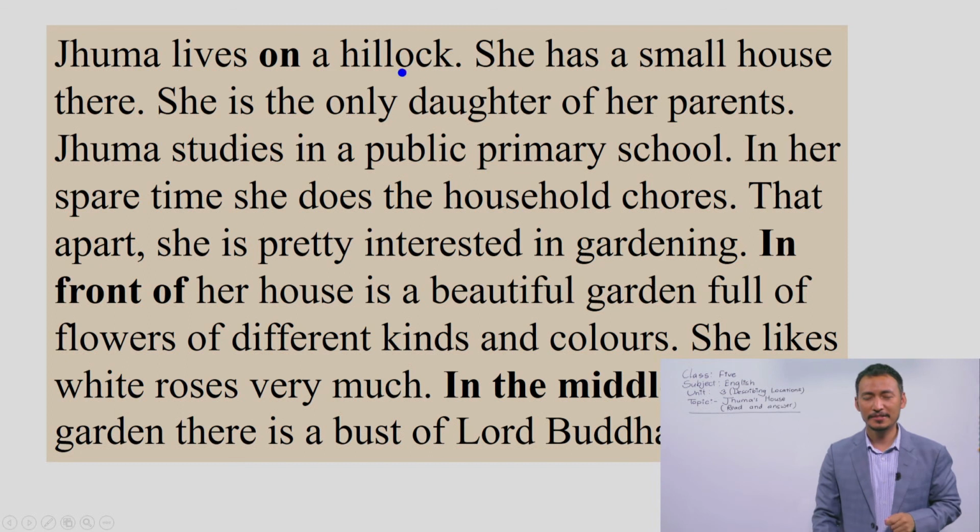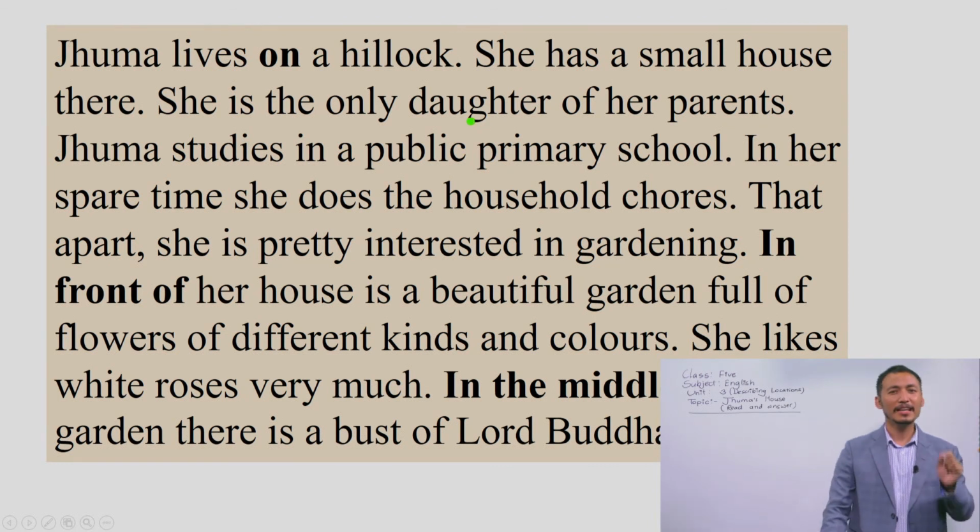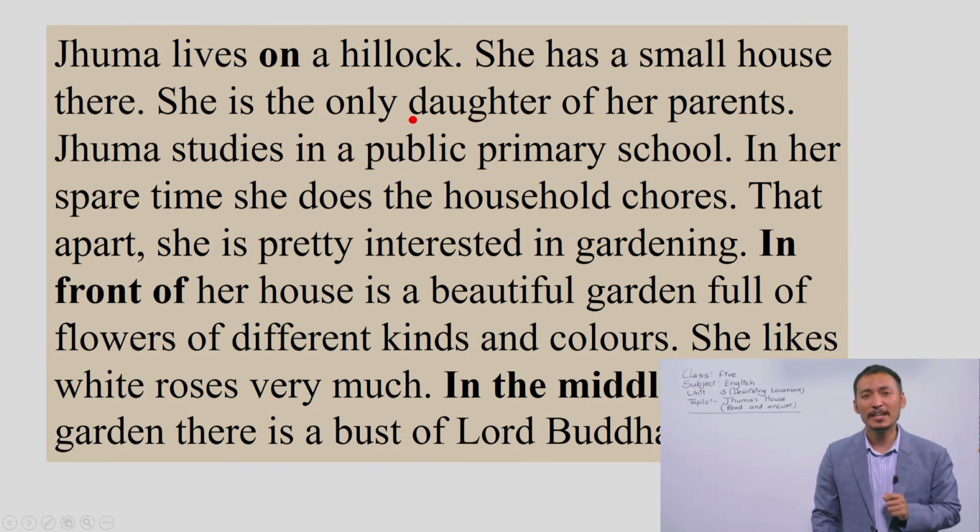Hillock? Yes. She lives on a hillside. She has a small house there, and she is the only daughter of her parents. Only daughter means there are no other brothers and sisters. So she is the only child of her parents.